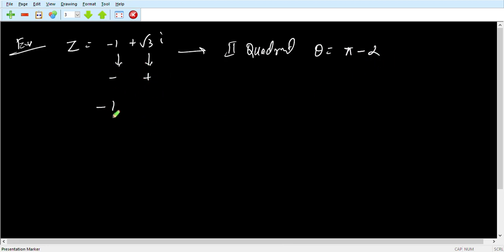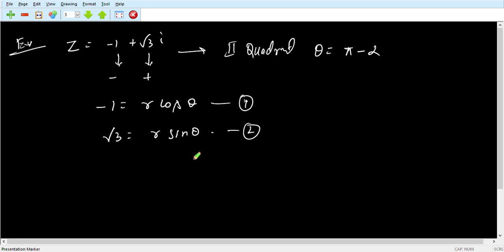So minus 1 is equal to r cos theta, and under root 3 is equal to r sin theta. Let this be equation 1 and this be equation 2.